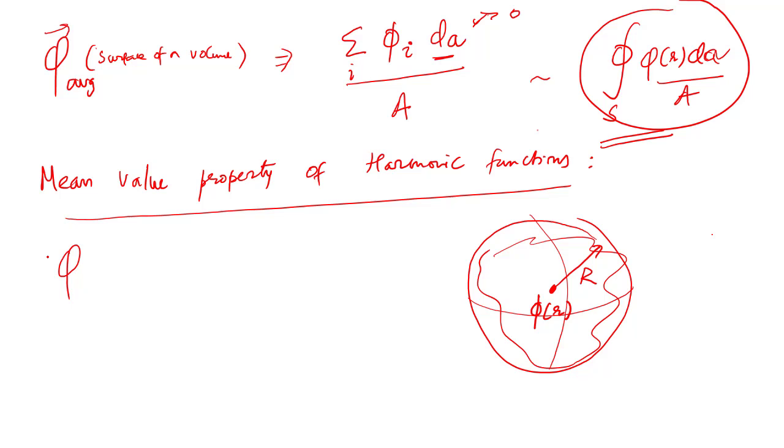So then that phi average, we can write as the integral of phi of r prime dA, like this, divided by the total area.